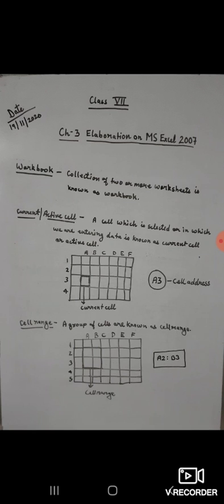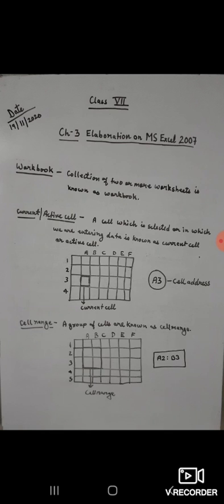Now, the address of a cell range starts with the first cell and ends with the last cell, separated by a colon.